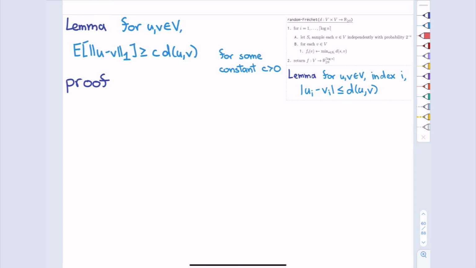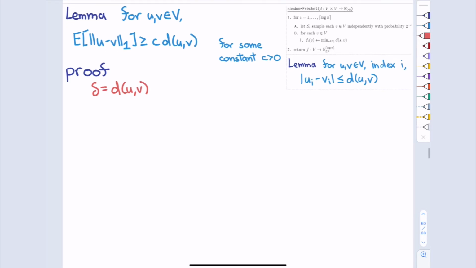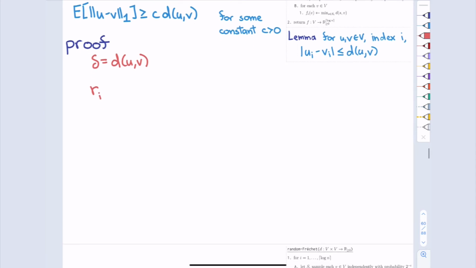Okay, and here's where the proof is going to get a little bit delicate. I won't even have you guys guess. All right, so let me set up some notation. Since we'll be using this a lot, I'm going to let delta denote d(u,v). And now here's the weird setup. For each i, what's the idea?